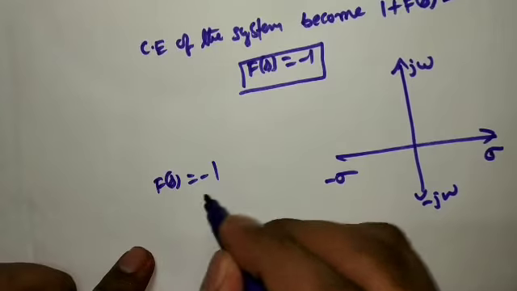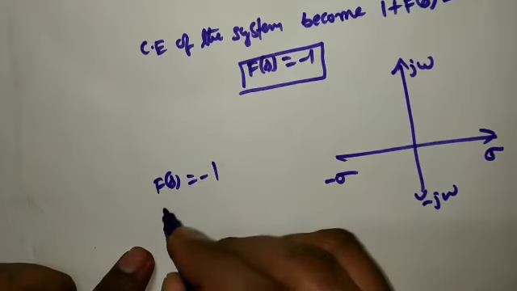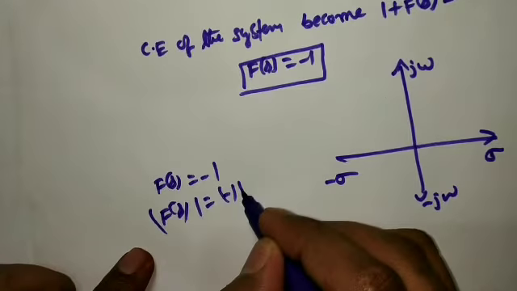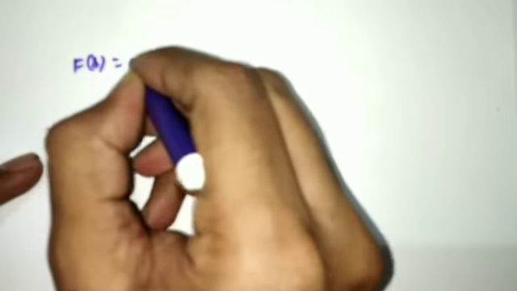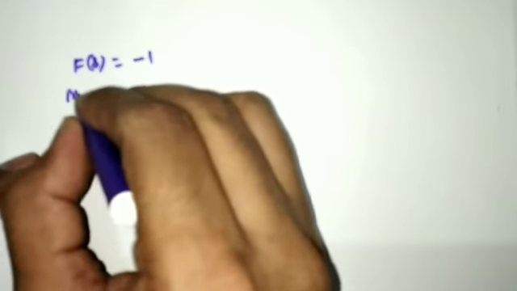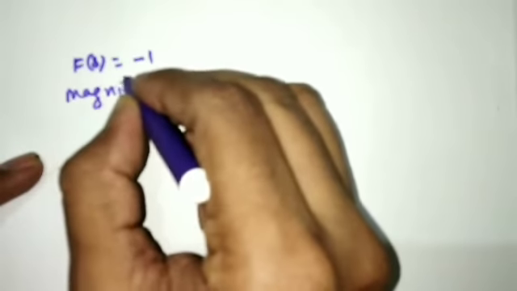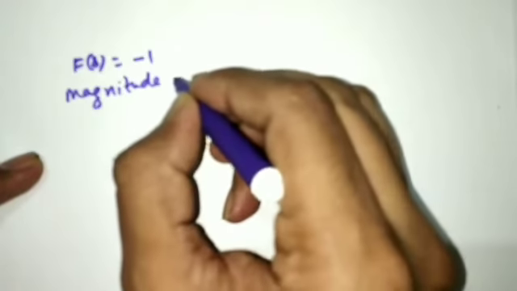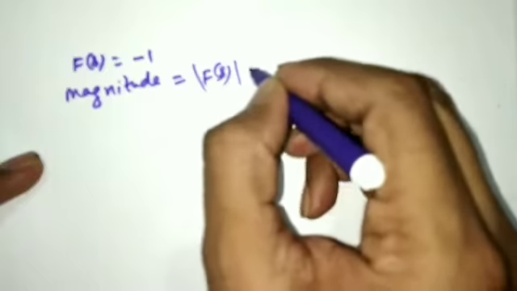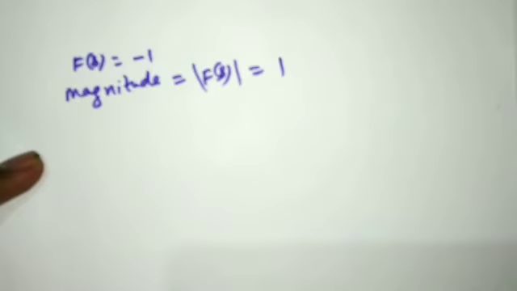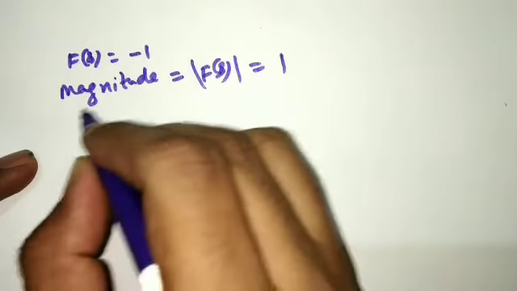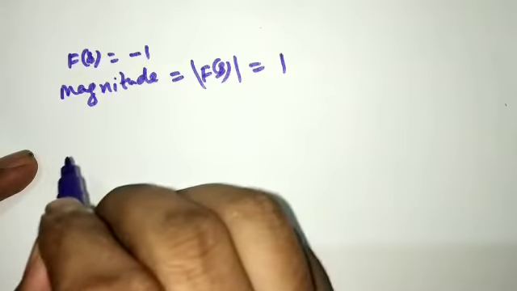Here we already know f of s is equal to minus 1. When you take the magnitude of this, it becomes 1. Then you take the angle condition.